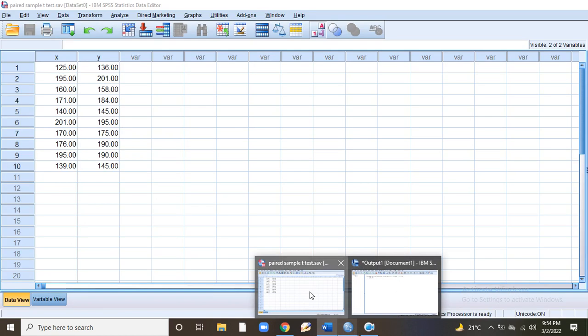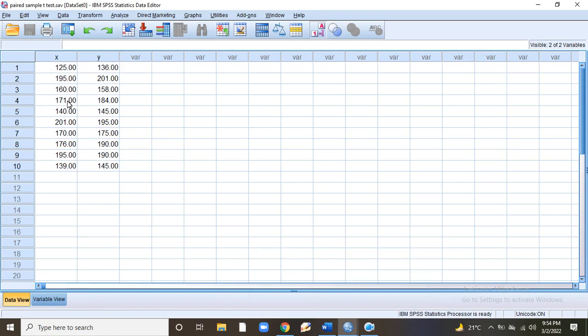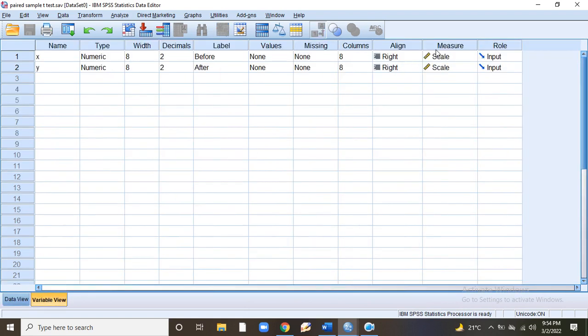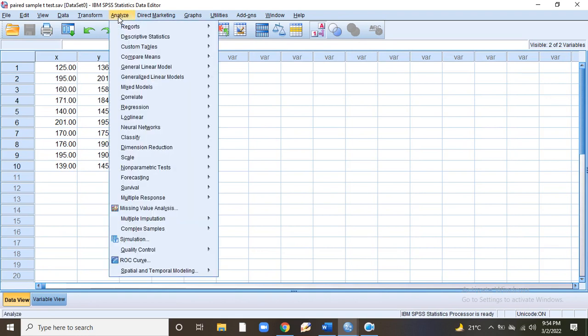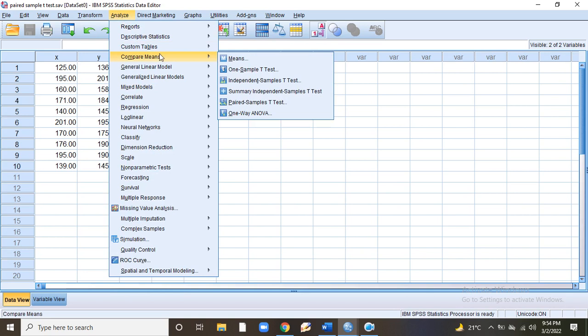I typed the data in SPSS under two variables. One is variable x, which is before, and variable y is after. Both variables are on the scale measurement. So now the data is ready for analysis. We will go to Analyze, Compare Means, and there is Paired-Samples T Test.